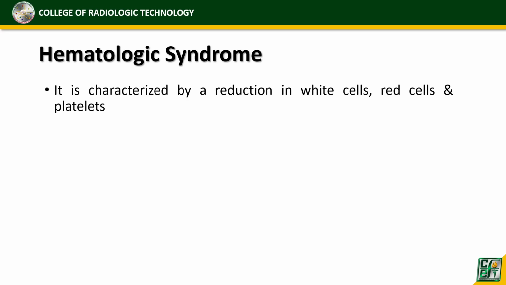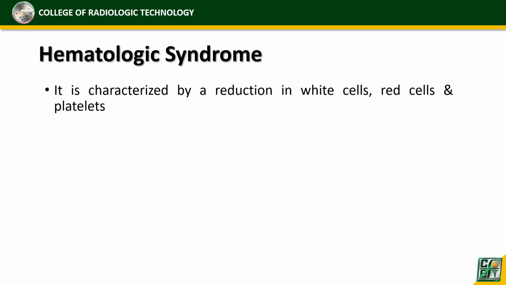So the hematologic syndrome, it is characterized by the reduction of white cells, red cells, and platelets. So basically, coming from the term hematologic itself, may kinalaman to sa blood. So itong syndrome na to, ayun nga, ang main characterization niya ay may reduction of blood cells and platelets.